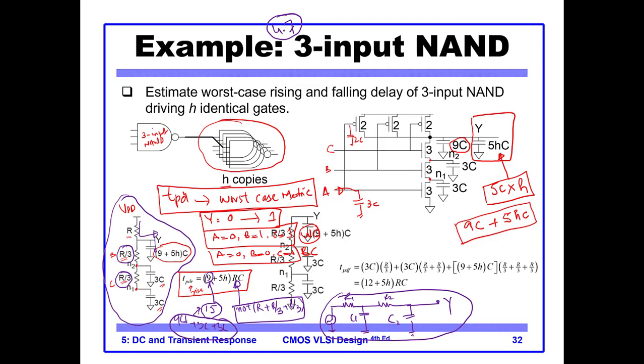Note, not R plus R by 3 plus R by 3, because it is not like this one. Okay, now let me come to the second case. Let me remove all these things.